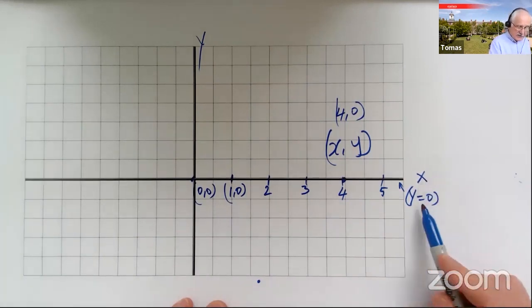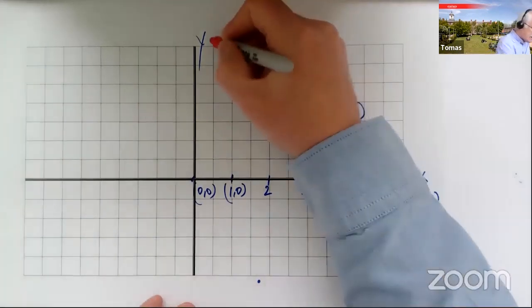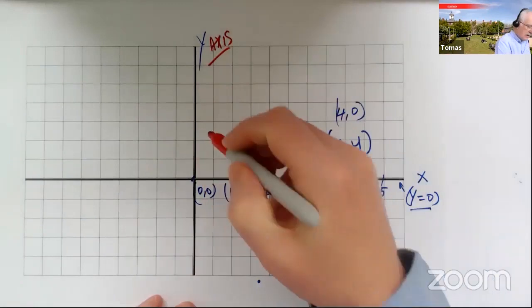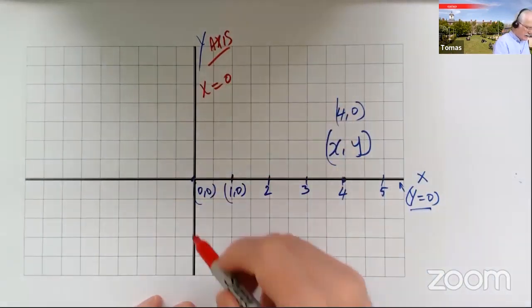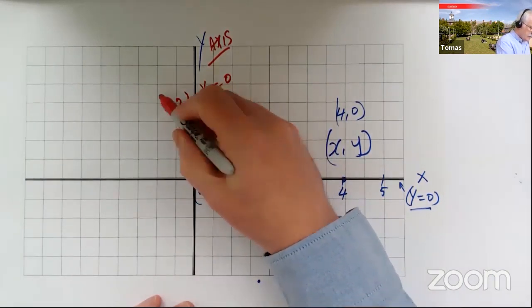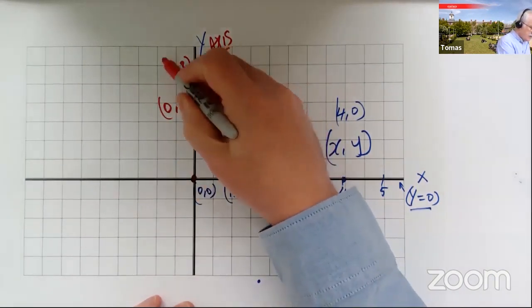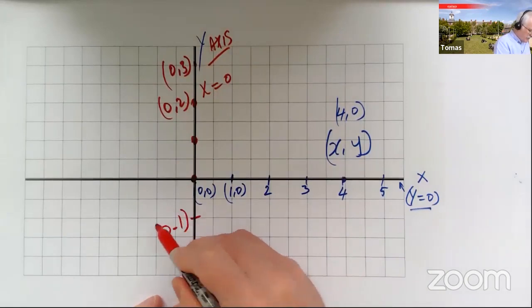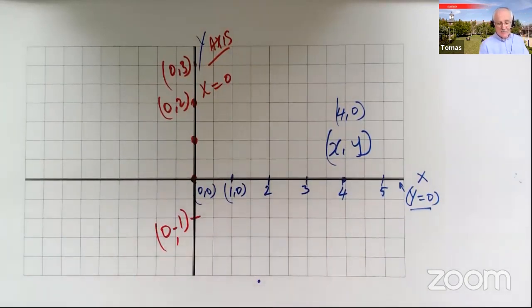So the x-axis is really the y equals 0 line. And similarly, the y-axis here is actually the x equals 0 line, because this is naught naught, naught 1, naught 2, naught 3, naught minus 1. The first number is always naught. So the x is always naught.